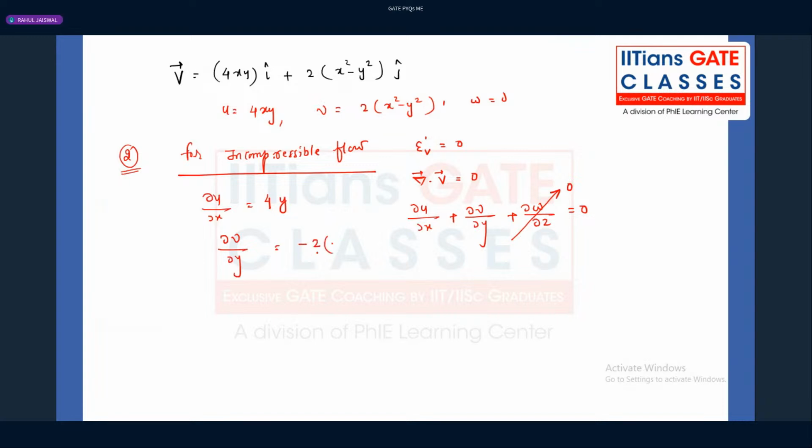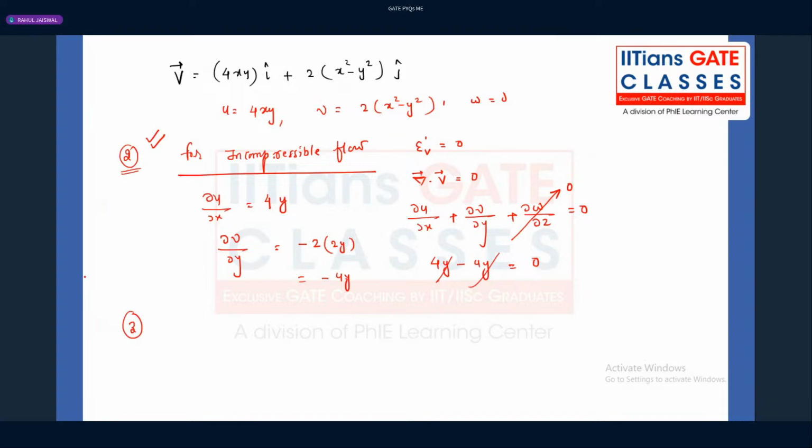It's minus 2y, which is nothing but minus 4y. So it is 4y minus 4y, which is equal to 0. So left hand side is equal to right hand side. So we can say very clearly that it is an incompressible flow.